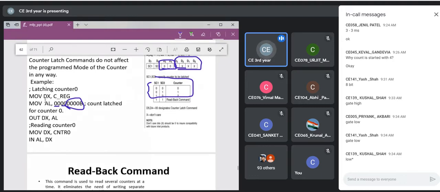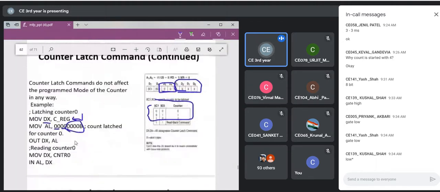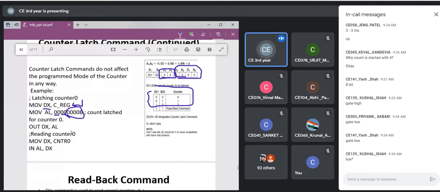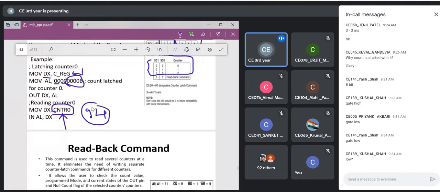So in my DX, I have taken the address of my control word. That is, it was 97 here, if you remember. So that 97 is taken in DX, or if it is 16-bit, it is taken in DX. Then the control word value, which says latch counter 0, is written to that control word. And then I write the address of counter 0, that is 94 here. I am loading it in DX.